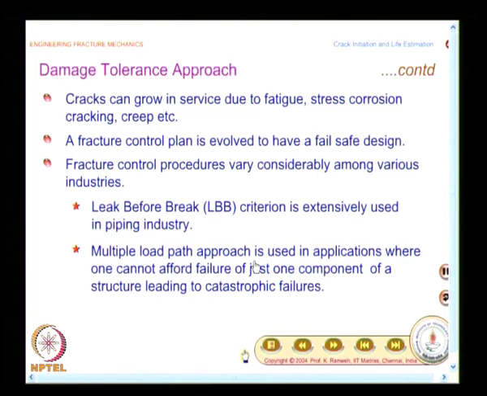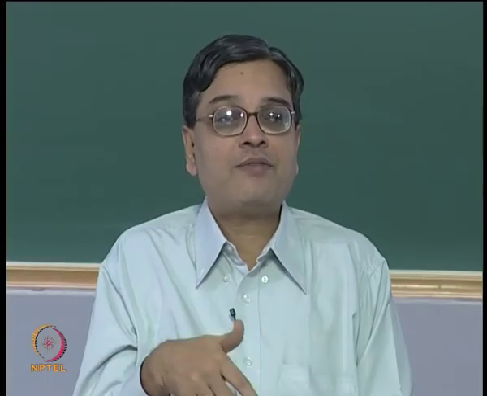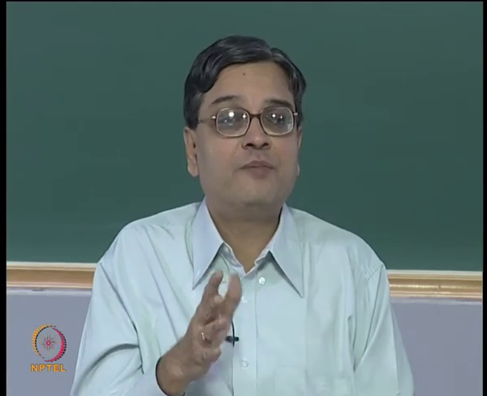And also in the case of fracture control, when you are having welded structures, provide deliberate crack arresters. If you have a riveted connection, the riveted connection itself serves as fracture control, because you have holes. So, when the crack comes to a hole, the hole acts like a delay in re-crack initiation. Such a luxury is not available in the case of welded structures, but welded structures also have to be protected.